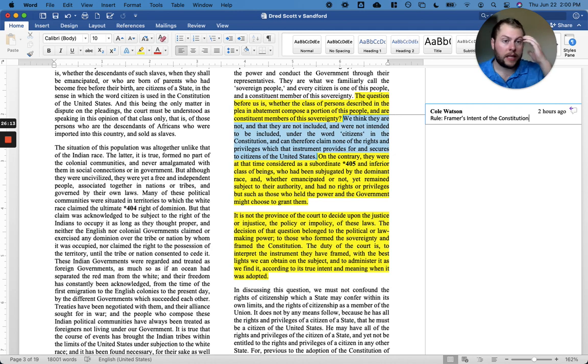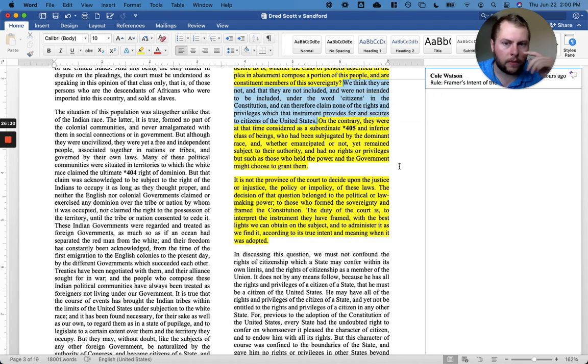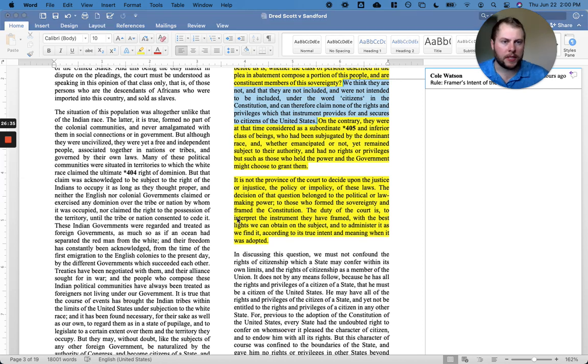And they basically think about, well, the framers back in the day when they were putting together this Constitution by no means would have thought of slaves or black people in general as citizens. It would have been an entirely different class, an inferior class. There's several adjectives that the court uses throughout, but for our purposes, they are not thinking of black people in the same regard as white citizens.